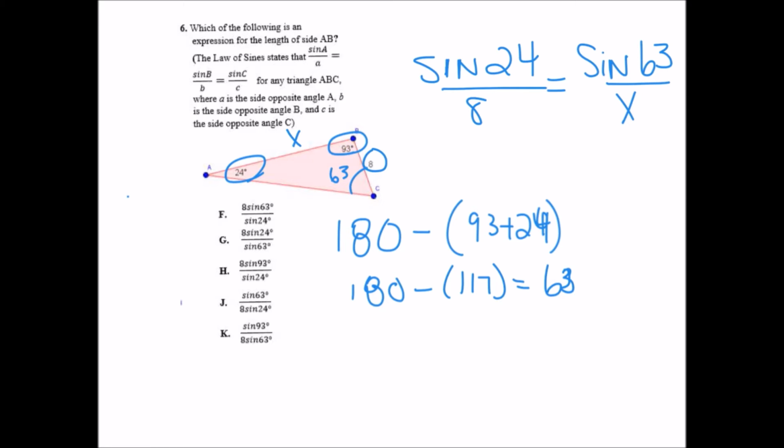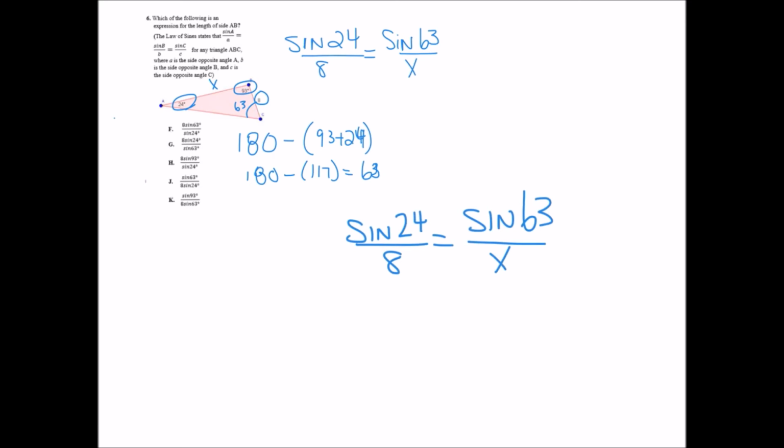Solving this problem algebraically, we're going to cross multiply, and end up with the sine of 24 times x equals 8 times the sine of 63.